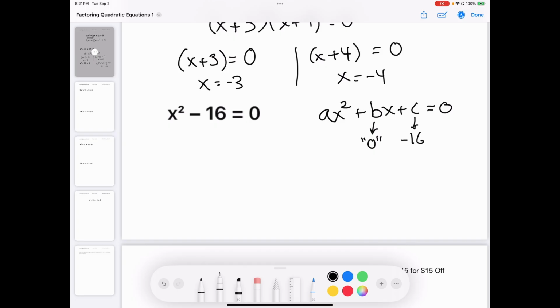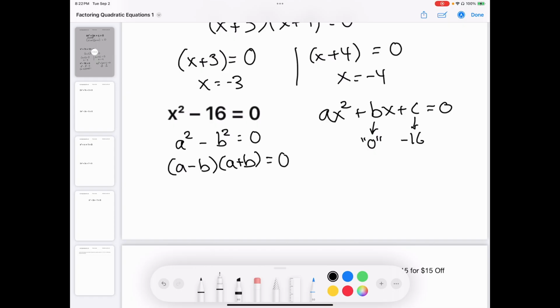A difference of squares is when you have the first term squared minus the second term squared equals 0, and the way you factor that is (a minus b) times (a plus b) equals 0.